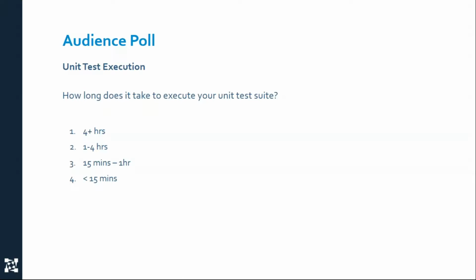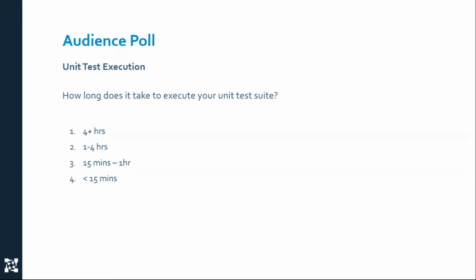But let's do our last poll for today, and let's talk about now as your unit testing suite grows. Now, before I trigger the poll, I want you to understand what I'm asking here. As your test suite grows, obviously the amount of time that it takes to execute that test suite is going to grow as well. What I'm talking about here is how long would it take you to execute your unit test suite if you were a developer running it on your desktop?